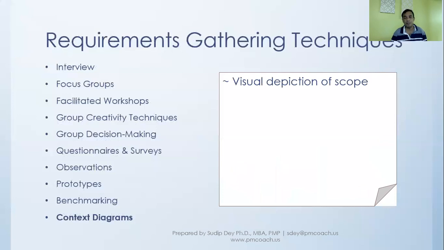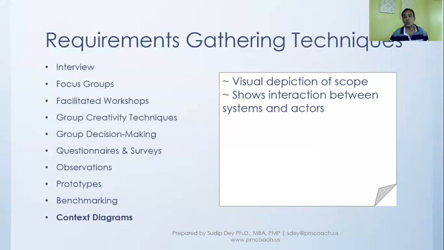When you visually depict, a lot of times it becomes much easier to understand, and even the stakeholders, when they visually see that, are able to appreciate more and provide much more meaningful input. Typically in this, you will show interaction between systems and actors. You will see that this actor is interacting this way, and this is the kind of data flow. An example is a data flow diagram.